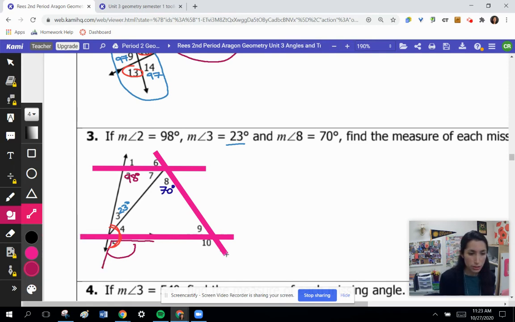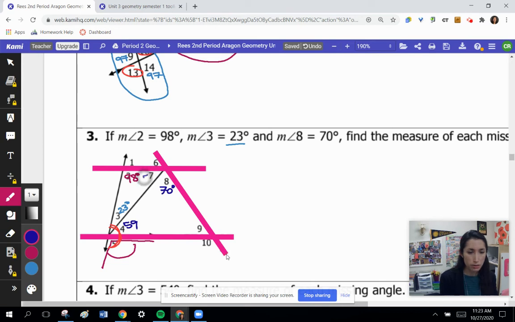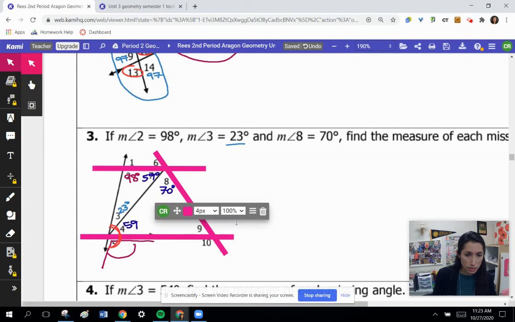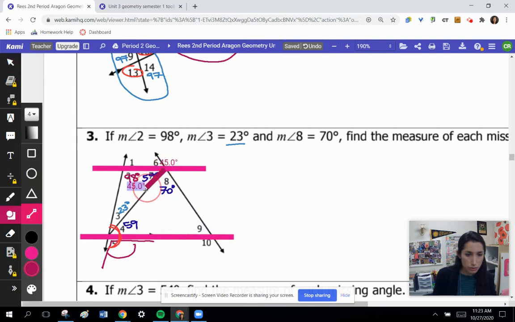That was 59 degrees, so I'm going to put a 59 here. Whoops. Got to change this over back to my pen. 59 here. Now that angle is actually alternate interior to this angle here, so I probably shouldn't have undid the transversal. That was based on another transversal. That's based on this transversal here. So you can see those 59 degrees, those are both alternate interior to each other.